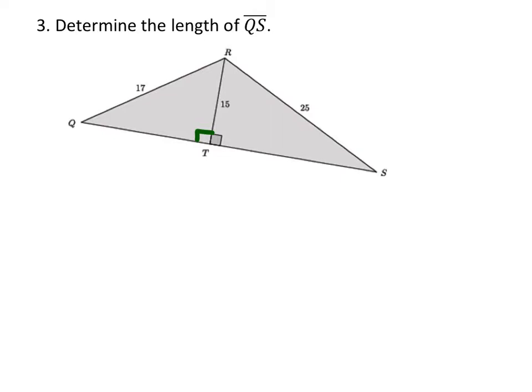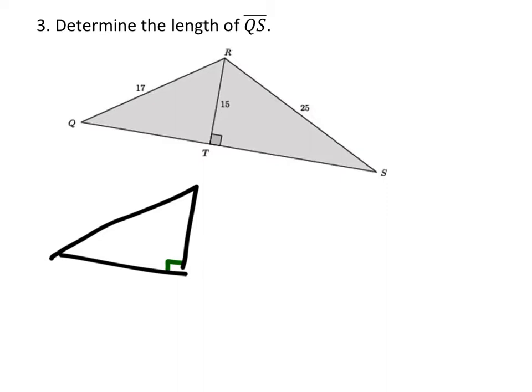So if we look at these separately, then we can find the two distances individually in order to find the full length. Okay, so what I'm going to do is take this triangle QTR and move it down here so that I can find that length separately.